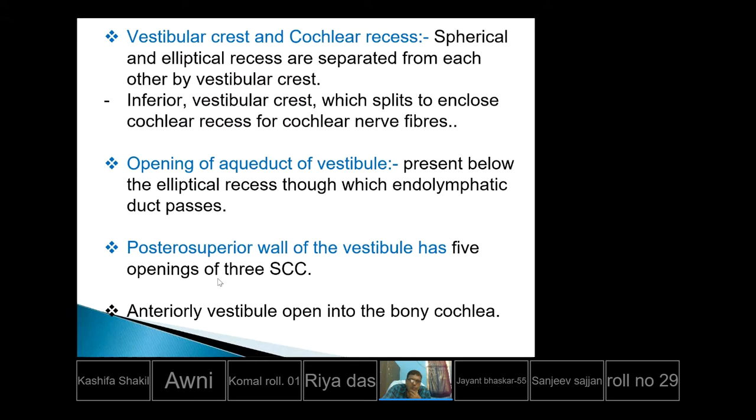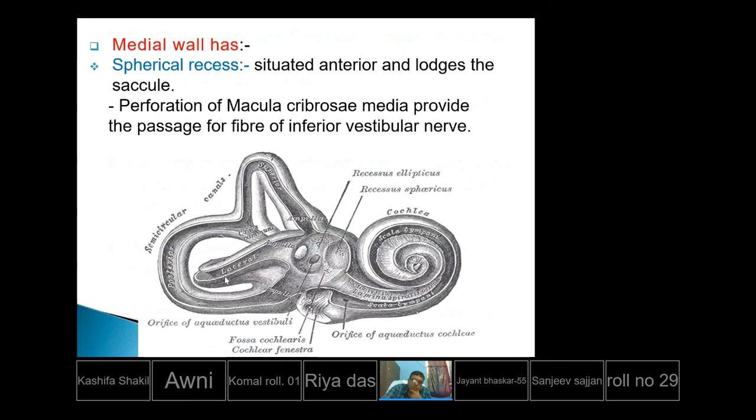So now the posterior wall of the vestibule. This is the superior part, then the posterior, and you can say the inferior also. The posterior, superior and inferior wall of the vestibule has 5 openings of the 3 semicircular canals. You can see all 3 semicircular canals.